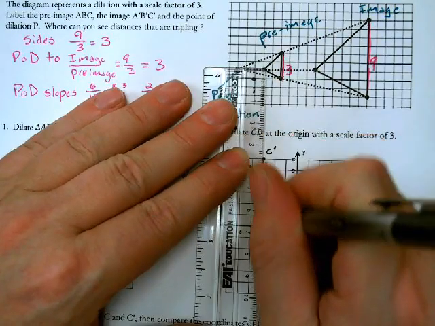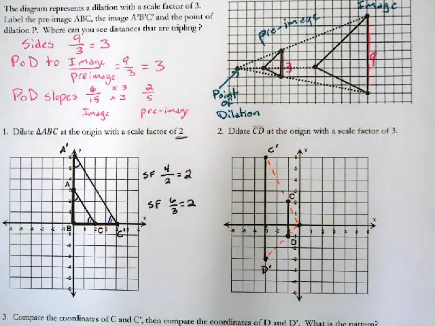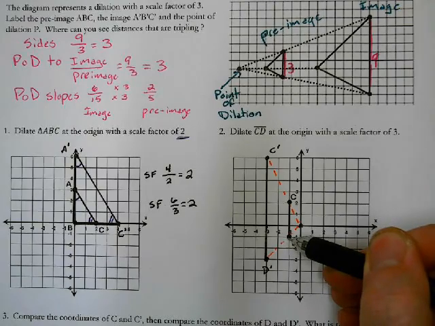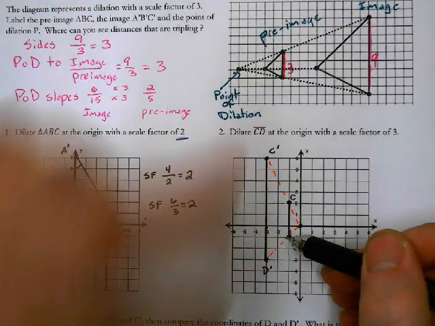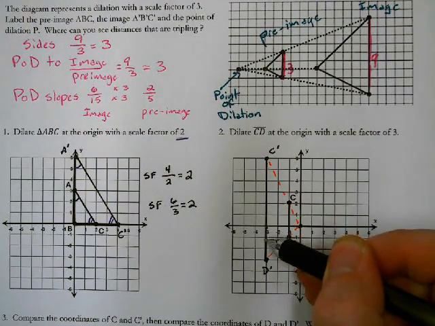We can double check to make sure it has been tripled. CD has a distance of 1, 2, 3. So if I'm tripling this, C prime, D prime should have a distance of 9. 1, 2, 3, 4, 5, 6, 7, 8, 9. Yep, we did it right.